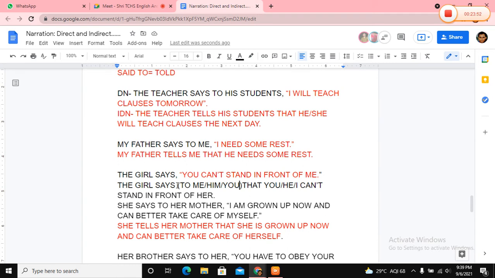And second person changes according to the object of the outer part. The second person pronoun changes according to the object of the outer part. That's why we need to assume some object in the sentence.